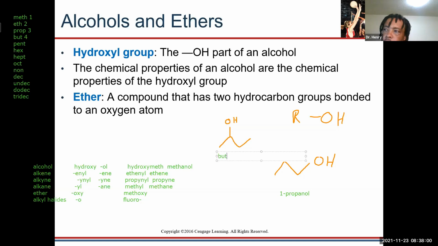So that would be butanol, and then it would be 2-butanol. Now, since alcohol has priority over alkanes, we use the ol instead of using the ane. So if something else has priority over the alcohol, then we'd have to use that prefix and it would go in front. Okay, so do you guys want to give it a shot?